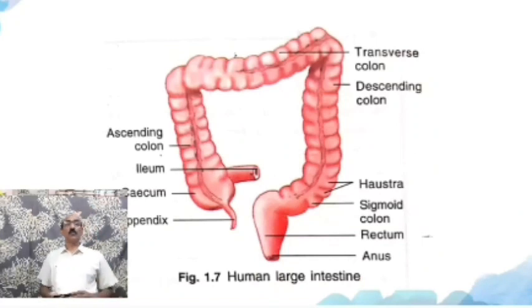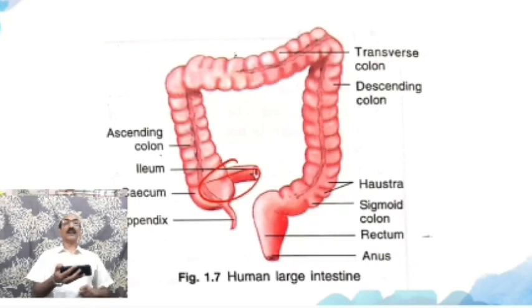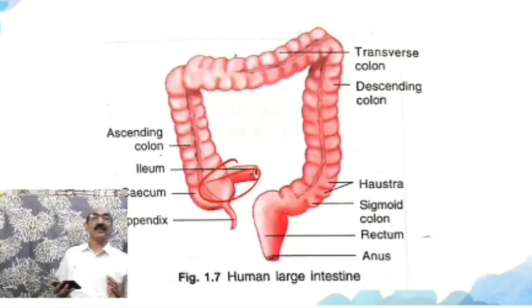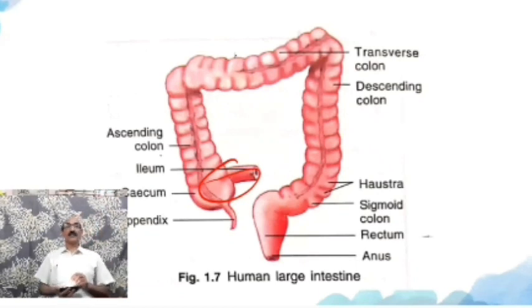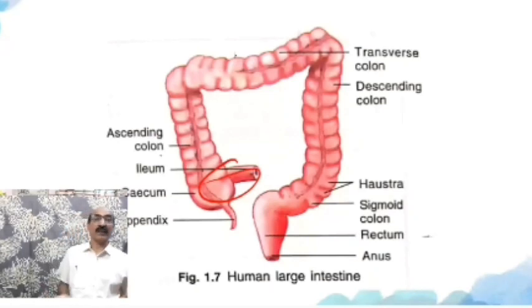The large intestine in human beings is about 1.5 meters. It is connected to the small intestine, and the structure where it gets connected is called the cecum. Beneath the cecum, there is a finger-like projection called the vermiform appendix, that has no functional role, actually it acts as a vestigial organ.